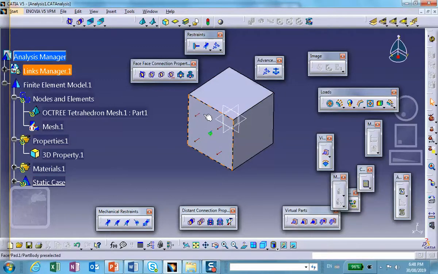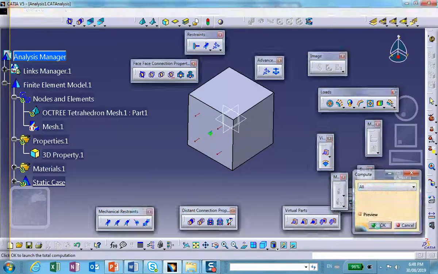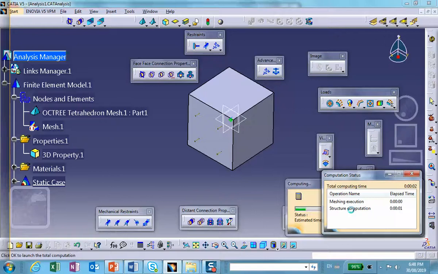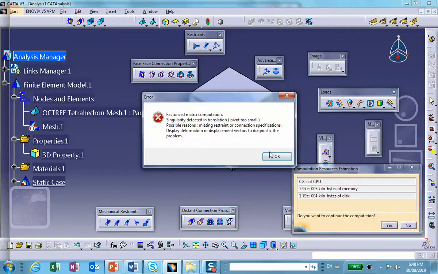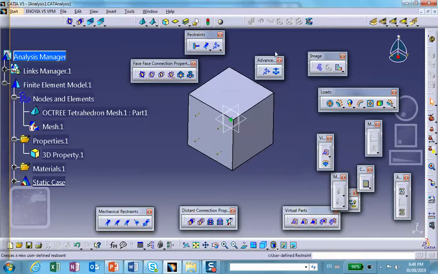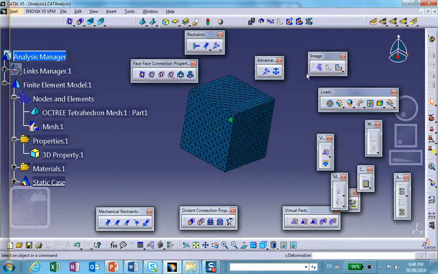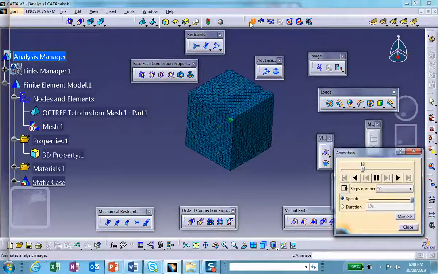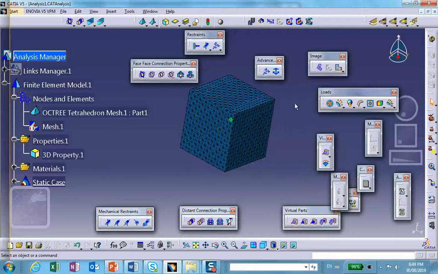So for example, let's try it. It will bomb out. And obviously, if you say show me the deformation, it's going to be rigid body motion. We don't have control over it. It can be accelerating in a certain direction, it can be rotating, etc.